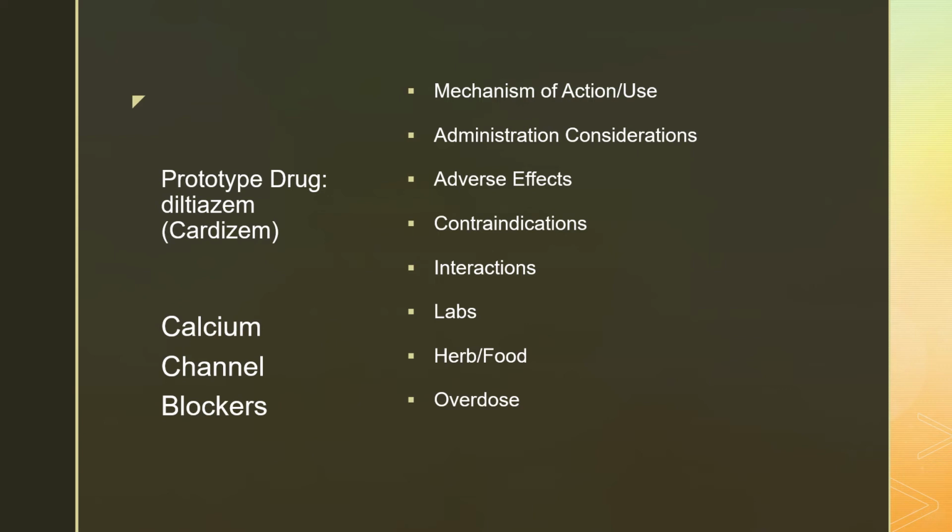Specific contraindications, we need to be careful. It's contraindicated with patients with what's called an AV heart block, sick sinus syndrome, severe hypotension, a bleeding aneurysm, and those undergoing intracranial surgery. So those all kind of come back. I know you don't know heart blocks yet, but if there's a block in the heart, well, we don't want to stop that conduction, and calcium channel blockers kind of help a little bit with that.